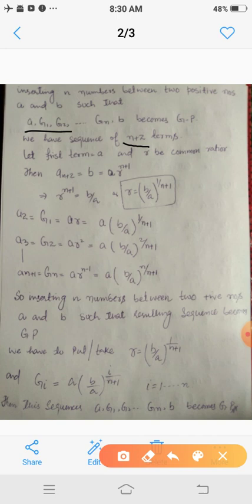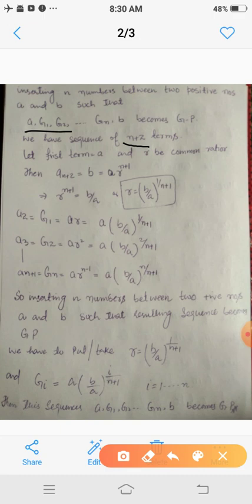Let a be the first term and r be the common ratio. Then the last term, a n plus 2, is b, and we know that for a GP whose first term is a and r is the common ratio, the nth term is a r raised to power n minus 1, which here is a r raised to power n plus 1, because b is the n plus 2th term.